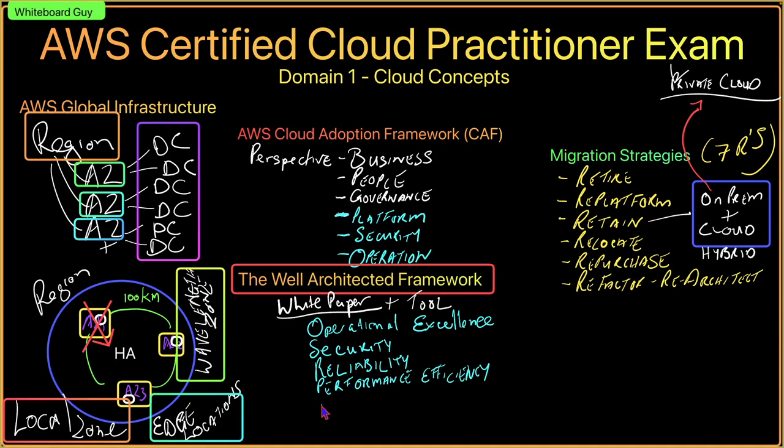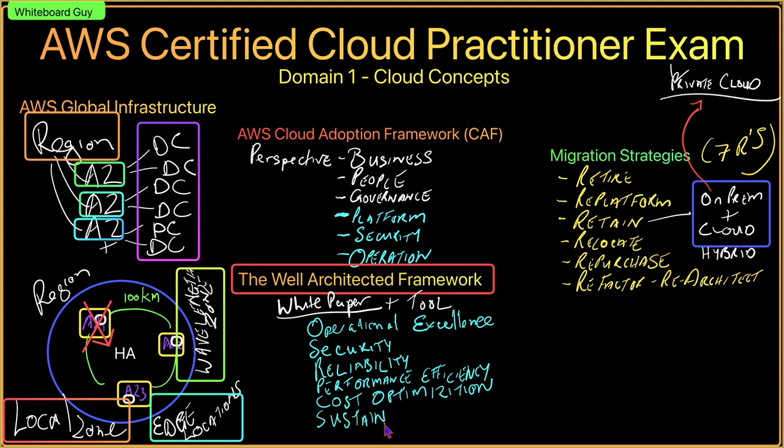Performance efficiency. One of the other areas that is also important, they want to make sure that you spend the least amount of money. So there's cost optimization, and there are multiple different tools that they make available for you to make sure that you stay cost optimized. Then the last one is sustainability.